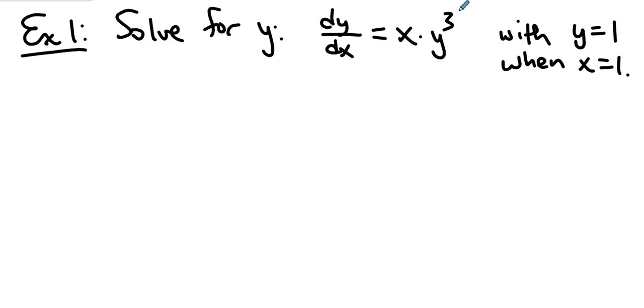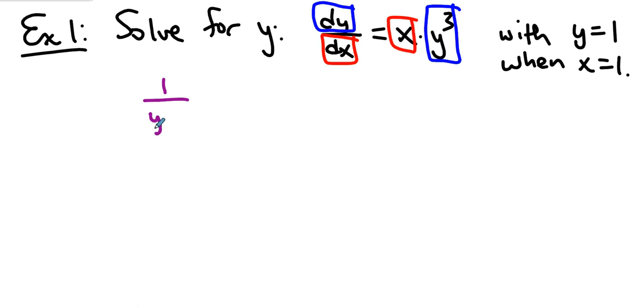You'll notice this is a function of y. This is a function of x. So we're going to bring the y thing to the y side. We're going to bring the x thing to the x side. And the way this ends up shaking down, we write 1 over the y function.